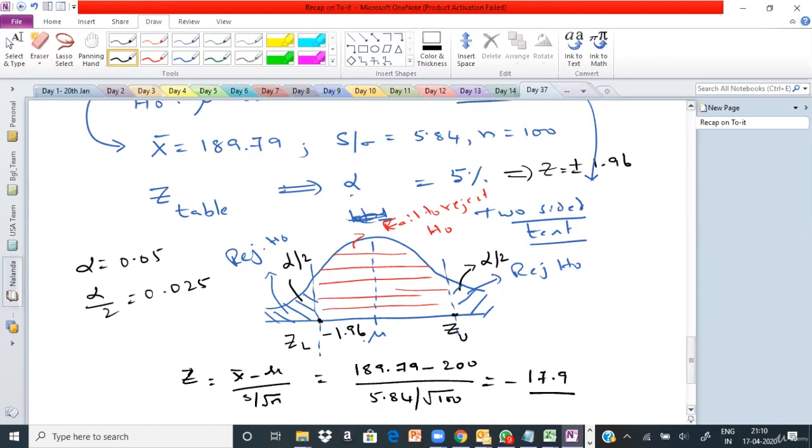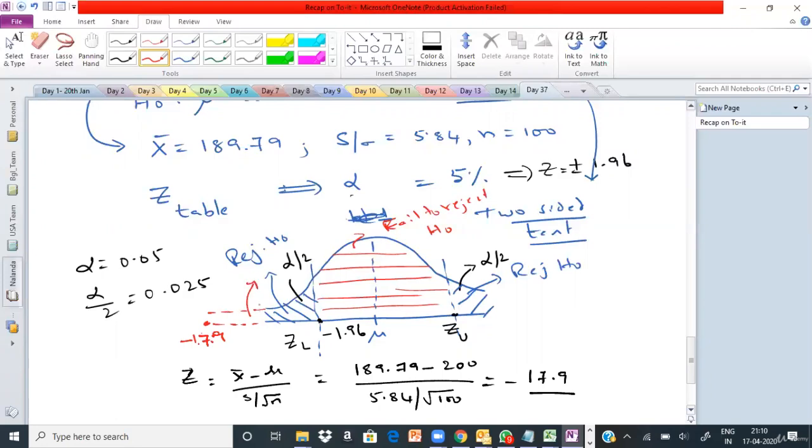So where is this going to fall? Minus 17.9 is going to fall somewhere here. If I extend this graph, it is falling in the rejected area.